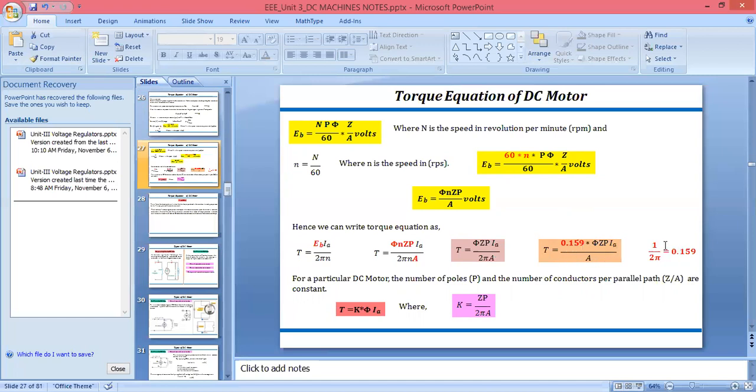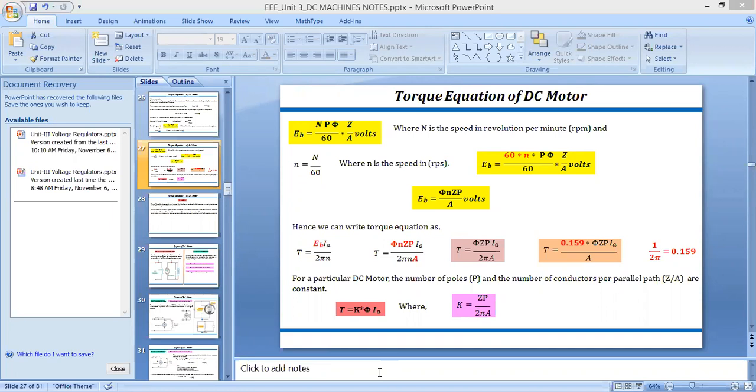Or you can convert these equations in the form of torque equal to K into phi IA, where K is Z into P upon 2 pi A, which you can call a constant term. So this is the torque equation for the DC motor. You will need it to solve the numericals. If anyone is facing any issue, you can ask me. We will again revise the torque equation in our next session.